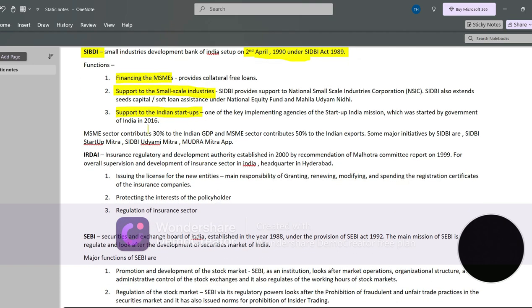The MSME sector contributes about 30% to Indian GDP and also about 50% to Indian exports. So this is a very important bank for that sector as it supports them. Some of the major initiatives are SIDBI Startup Mitra, SIDBI Udyami Mitra, and Mudra Mitra.